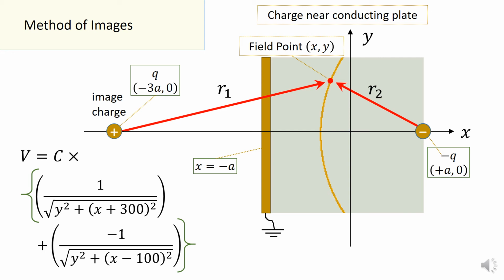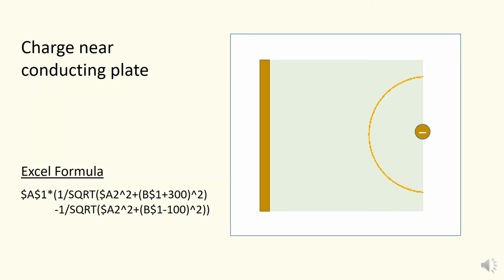And I come up with this idea that the image charge is the same distance from the conducting plane as is the negative charge, but on the opposite side. And here's the animation and the Excel formula.